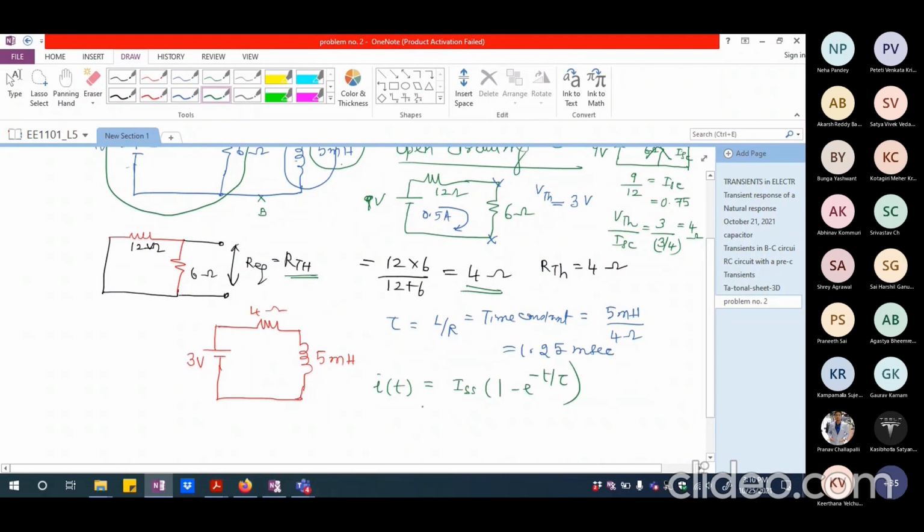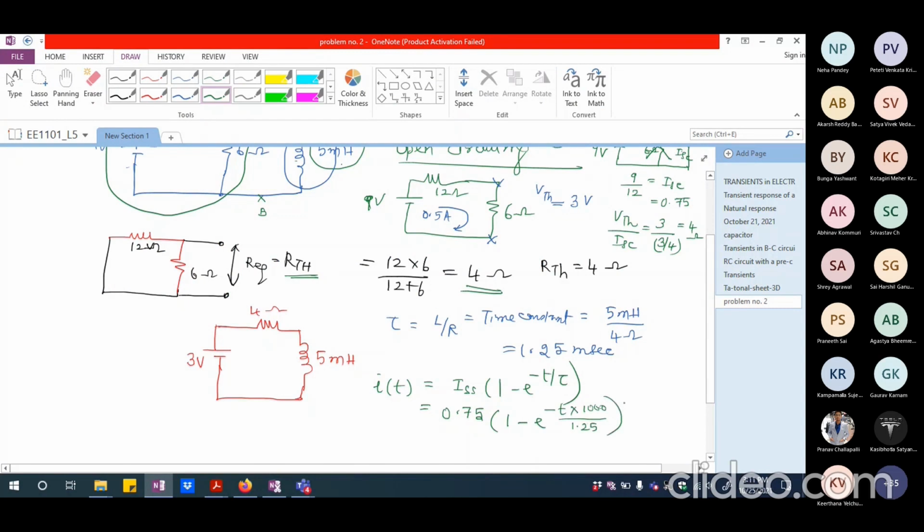What is ISS in this case? ISS is going to be 3 divided by 4, so 0.75 ampere. This will be 3 by 4 multiplied by 1 minus e power minus t by tau. It is going to be minus t multiplied by 1000 divided by 1.25, because it is 1.25 millisecond.